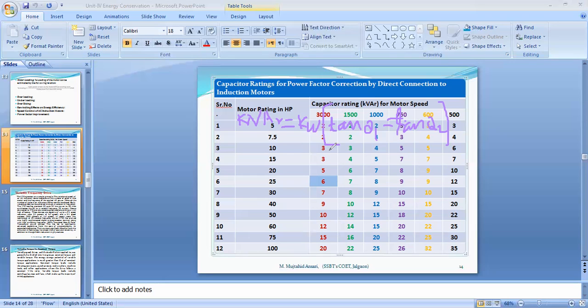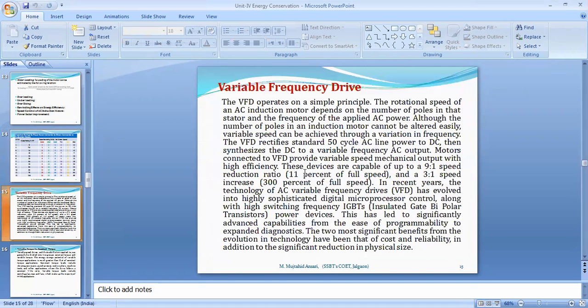Fine adjustment can be done with proper selection of the capacitor steps. So this is the formula for improving the power factor of an induction motor. It is based on the speed and the capacity of the motor, and this is the case where we can improve the power factor.